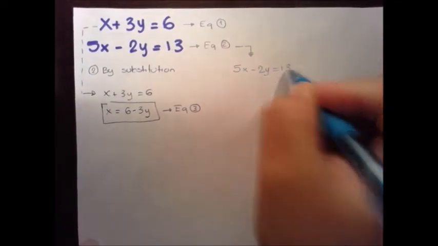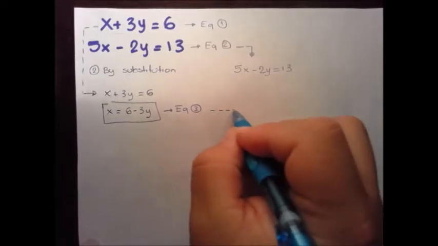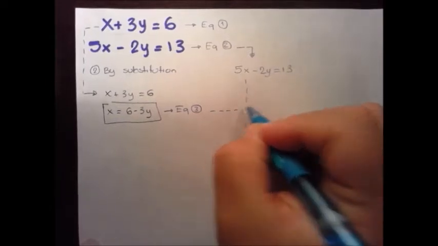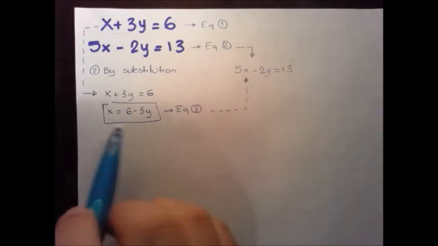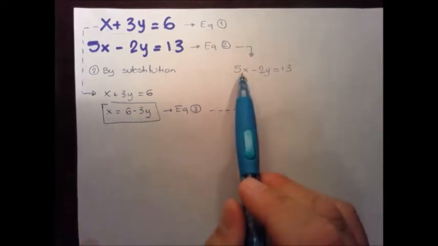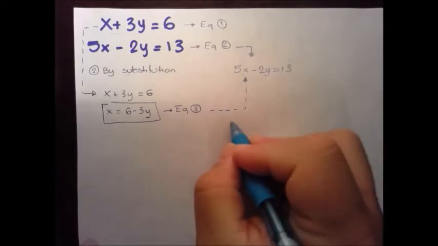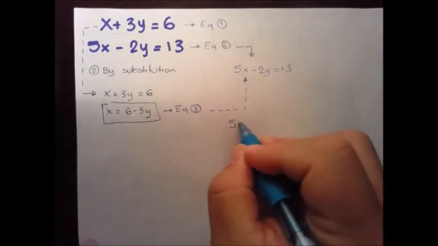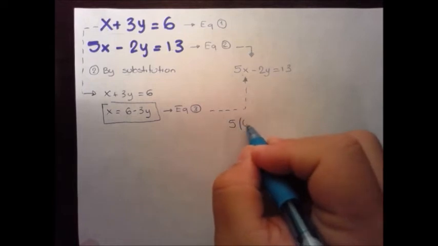And what am I going to substitute? The equivalent of x. Here x is 6 minus 3y, so that's what I'm going to substitute over here.